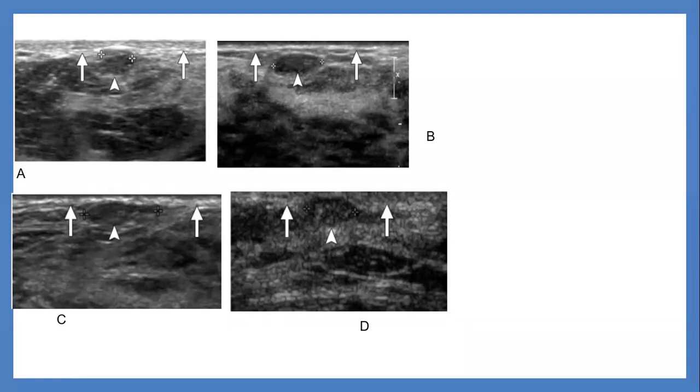So if the lesion is probably benign, I will suspect papilloma, fibroadenoma versus adenosis. When the lesion is irregular or suspicious, sclerosing adenosis versus carcinoma or DCIS, because sclerosing adenosis is a mimicker.